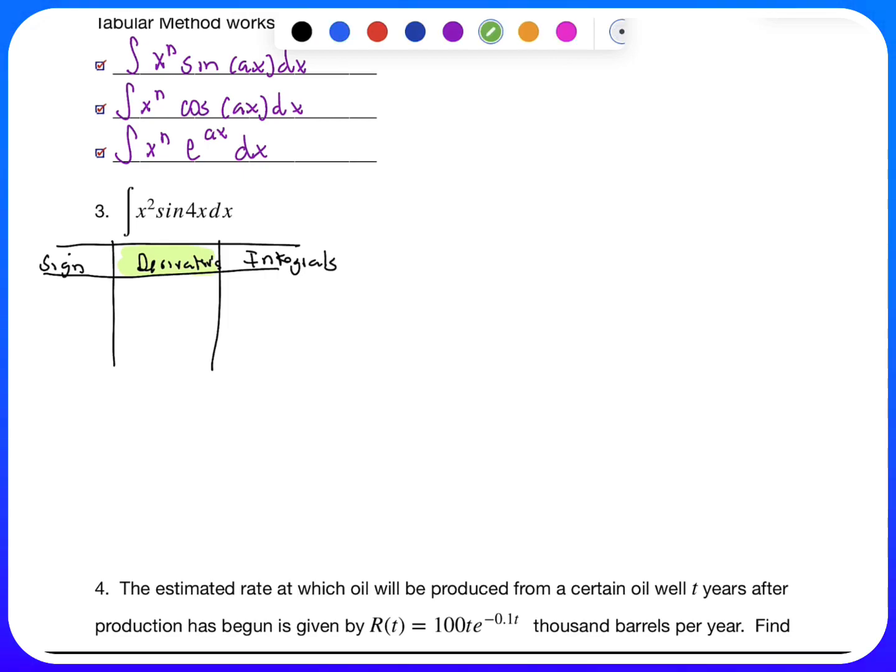Remember, when you have a polynomial times a sine function, you make your u the polynomial. So I'm going to let u equal x squared, and then I keep taking the derivative of this x squared until I get 0 as an answer. It took me 3 derivatives to get to 0.